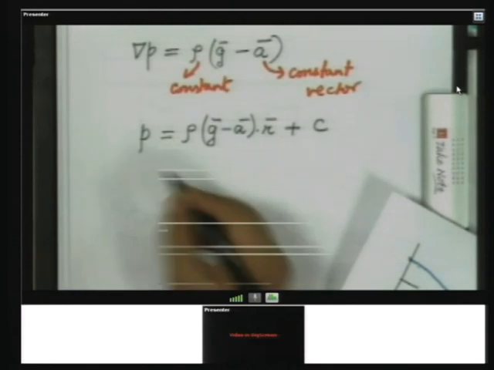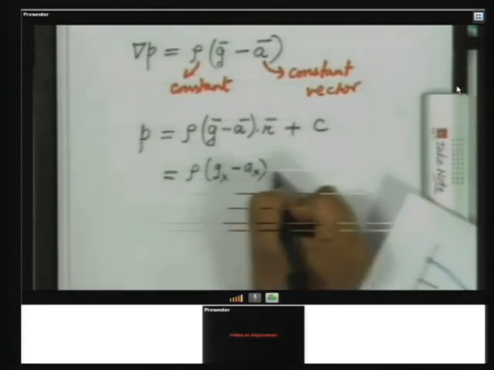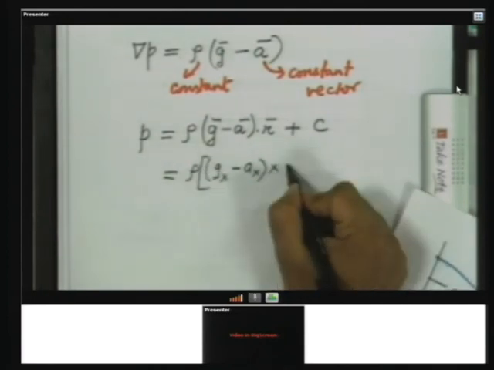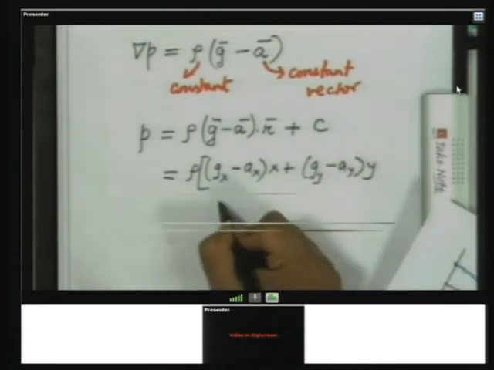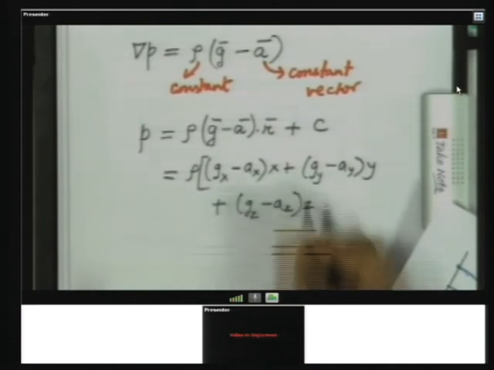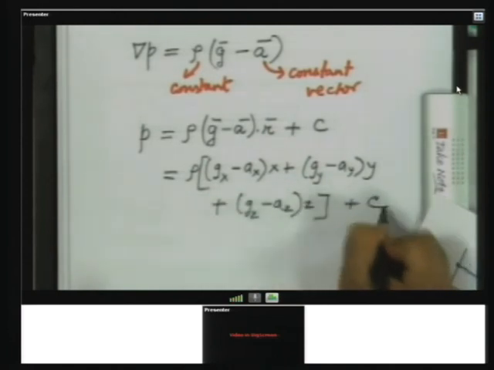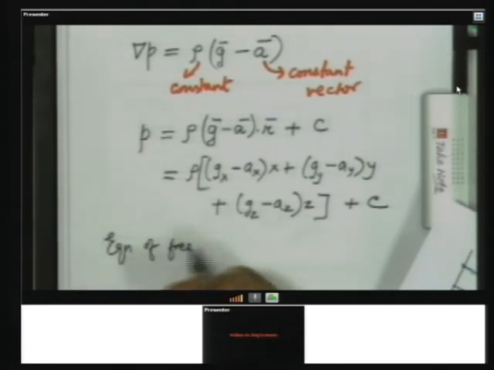Or if you want to expand it, this is rho times (Gx minus Ax) x plus (Gy minus Ay) y plus (Gz minus Az) z plus C. And if you want to find the equation of the free surface, free surface means the interface between the liquid and the air above.